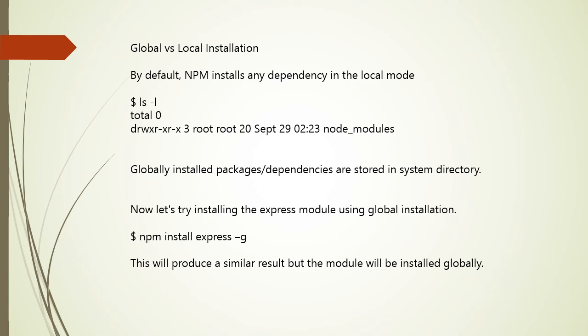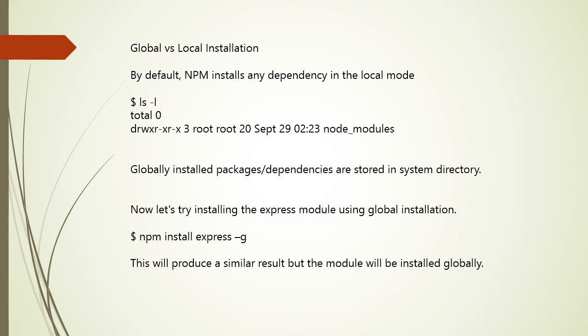For example, when we install the express module, it created a node_modules directory in the current directory where it installed the express module. Now give the command ls -l and you can see the node_modules directory related full information.